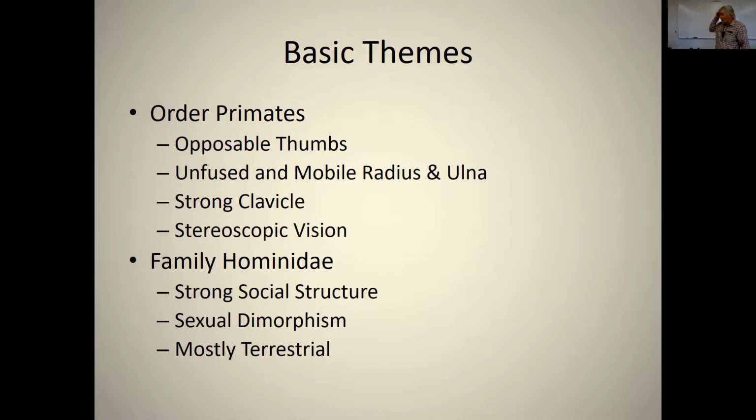The hallmark of primates, the big thing, is an opposable thumb. All primates have an opposable thumb. That really helps me to pick up this particular drink. Also unfused, mobile radius and ulna, out here, where we can do this. A strong clavicle, right here, the collarbone, and stereoscopic vision.